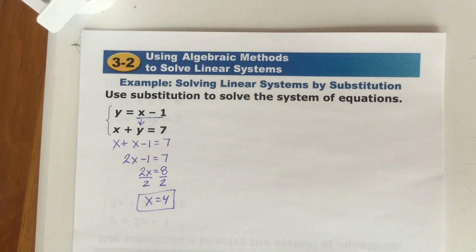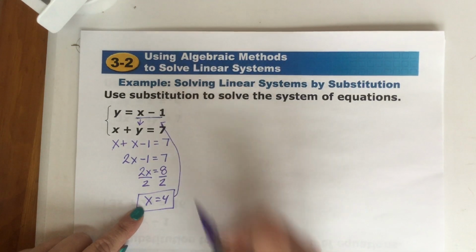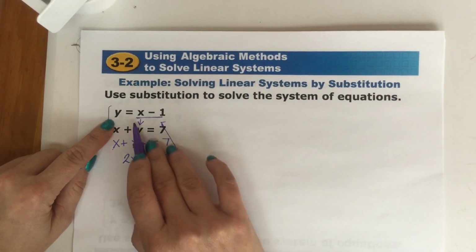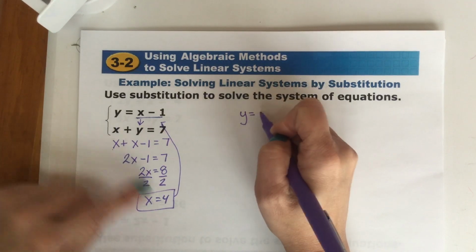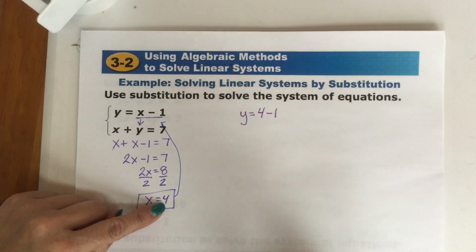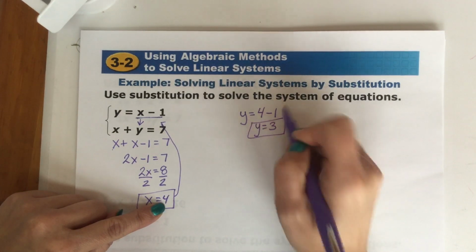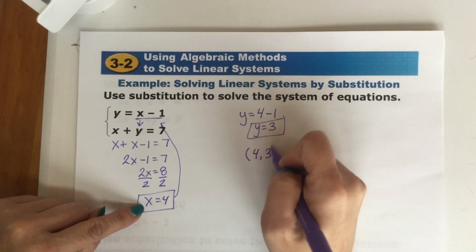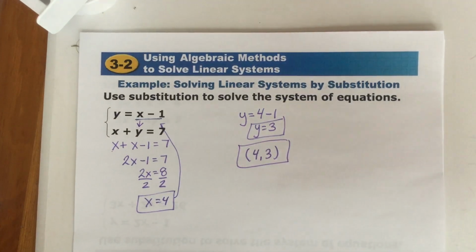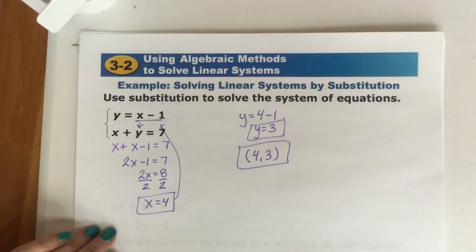To find out the y value, what I have to do is go ahead and substitute 4 in for x into the top equation. y equals 4 minus 1. 4 minus 1 is 3. Now that I know x and I know y, I can write my final solution. Your final solution will be an ordered pair because, again, we're looking at a location on a graph. Where would these two lines cross?